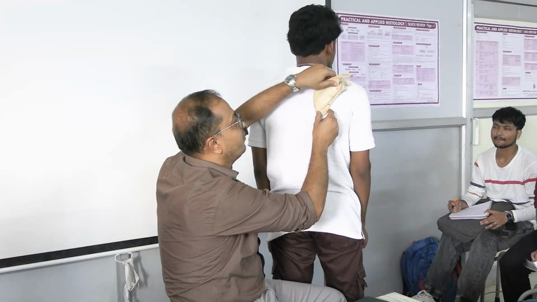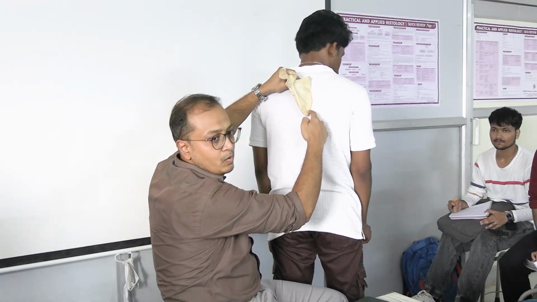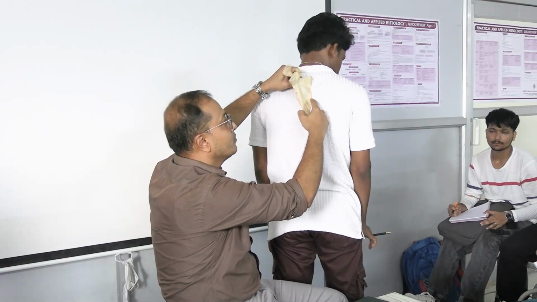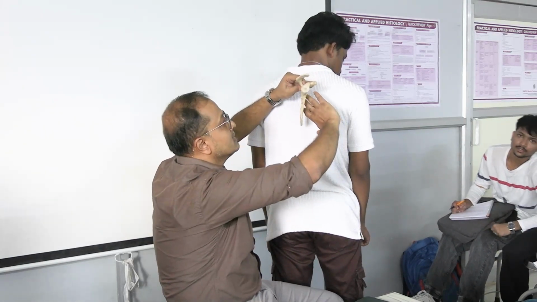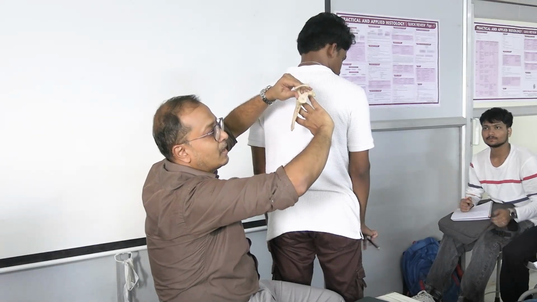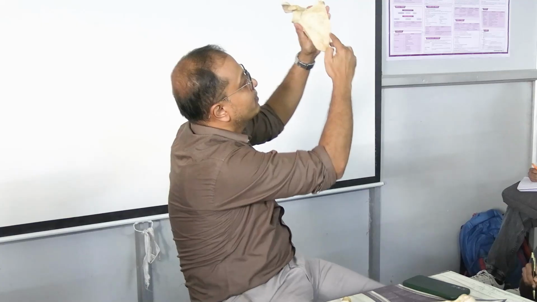So if you flip it, this is the anterior surface of the vertebral border. So this muscle attaches here like sleeves. So this muscle comes over here and attaches on the anterior border of the scapula along this particular length.